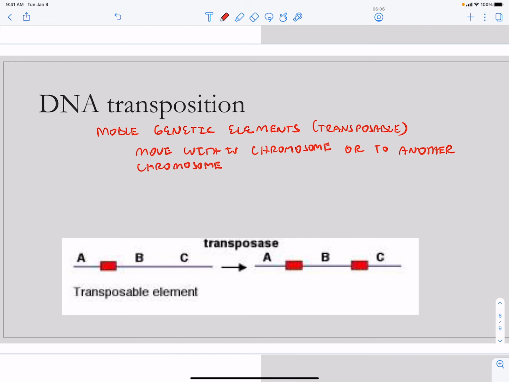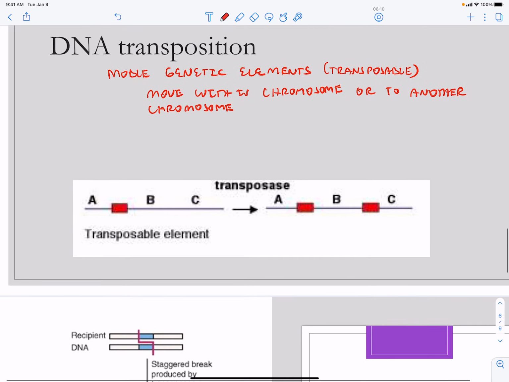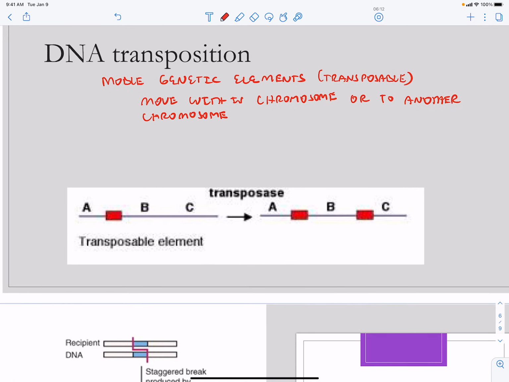These are going to be important for our prokaryotes, such as bacteria. They're going to use these to move around virulence genes and antibiotic resistance genes.